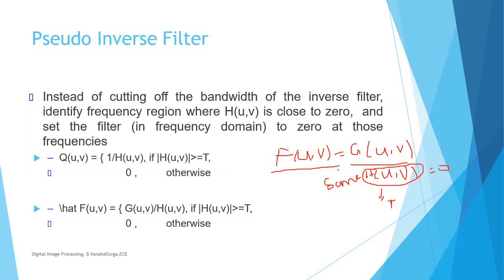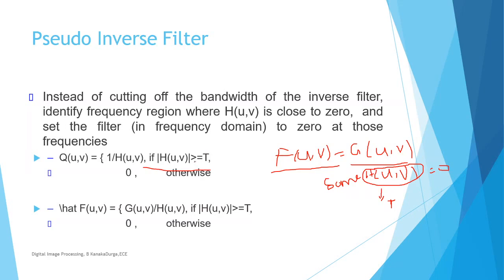So the pseudo inverse filtering, we are going to consider only for certain values with respect to H(u,v). So Q(u,v) equals 1 by H(u,v) only when the modulus of H(u,v) is greater than or equal to the threshold value.